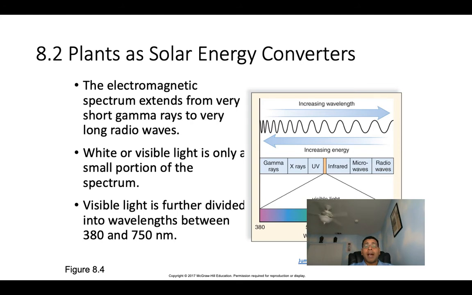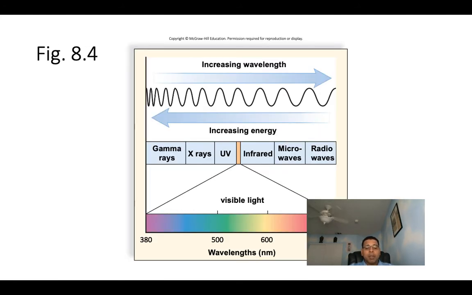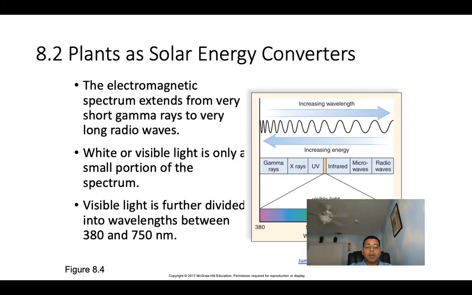Now, when we talk about visible light, white or visible light is only a small portion of the spectrum.